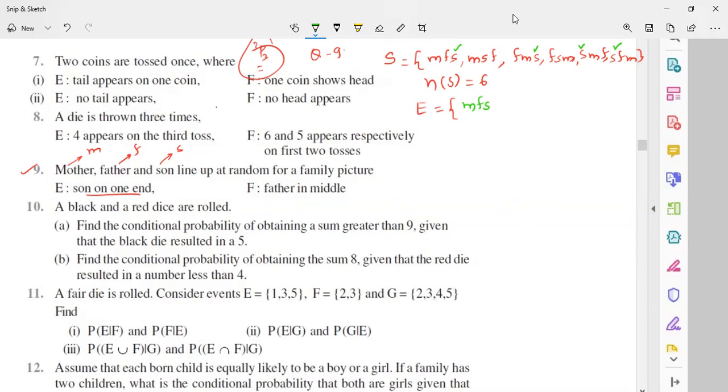So these are the cases: MFS, FMS, SMF, and SFM.